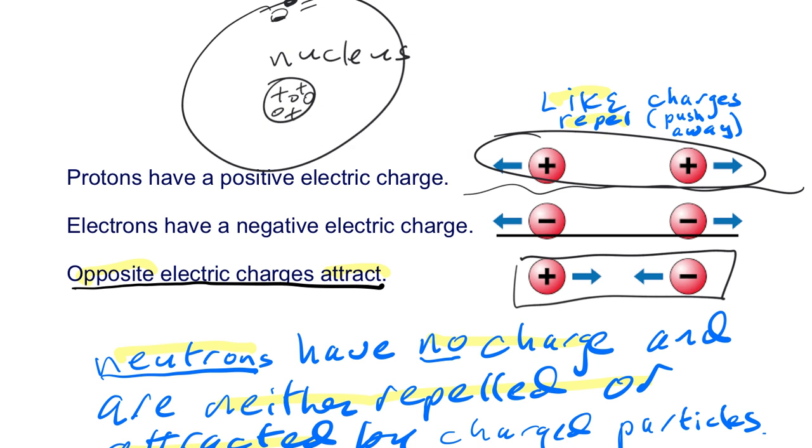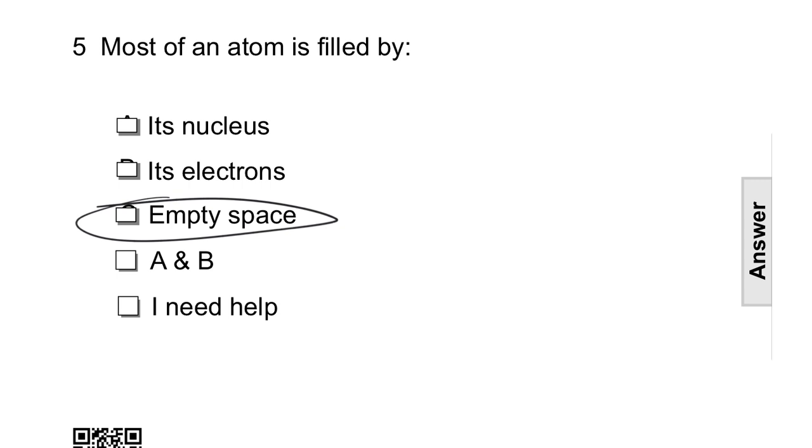Because the negatives are attracted by the positives, and there's that tendency to want to fall into the nucleus, just like the moon wants to fall to the earth, but it's going too fast to fall to the earth in its orbit. Okay, if I change this question to most of the mass of an atom is located in, you say, its nucleus.